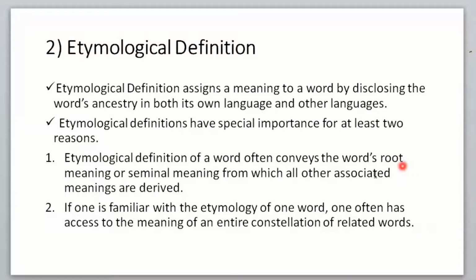These two advantages are interrelated, by the way. So etymological definition in general has the function of helping us understand the associative meanings of other related terms which are derived from the origin of that term.